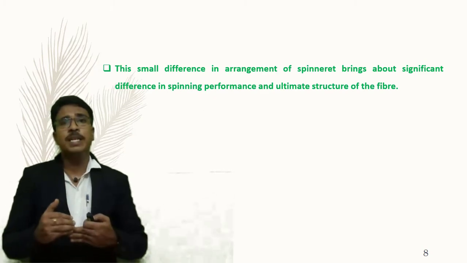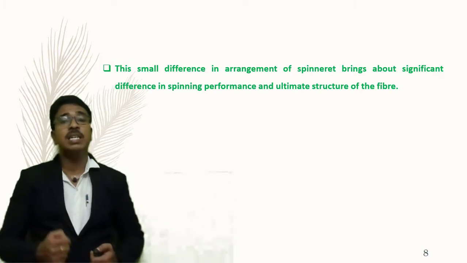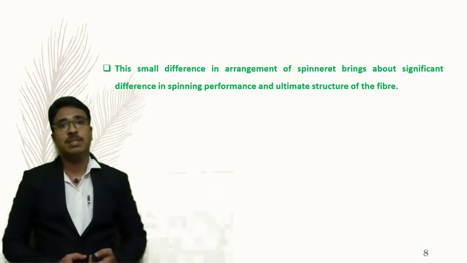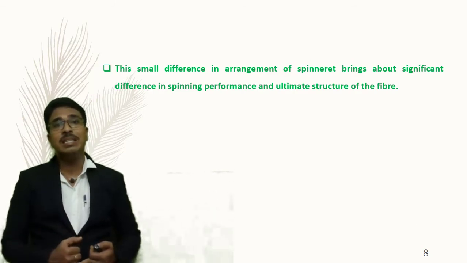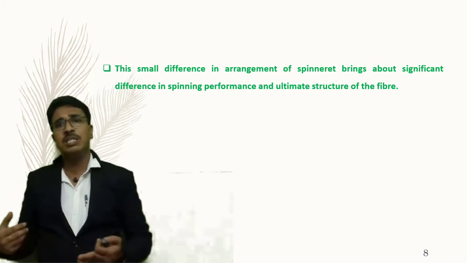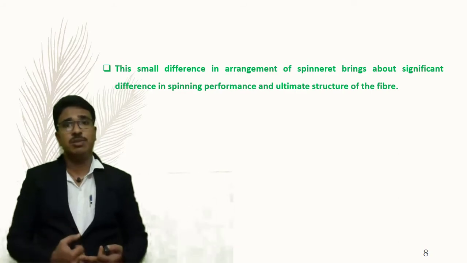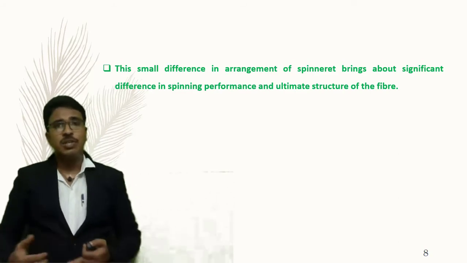The arrangement of the spinneret just above the coagulation bath brings about significant differences in spinning performance and the ultimate structure of the fibers. The performance of the spinning technology in terms of production, speeds and high draw ratios ultimately affects the structure of the fiber.